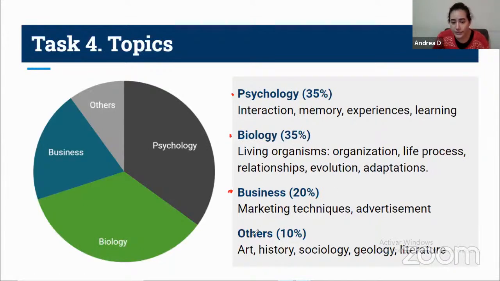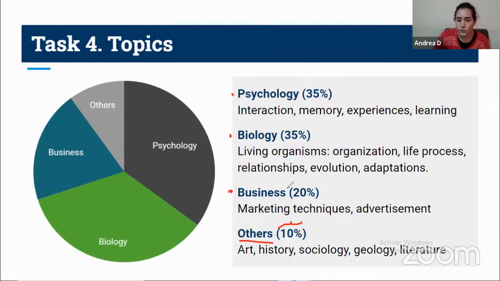Now, there are some cases in which you have other sorts of topics. So maybe you have art, history, sociology, geology, literature. There are some cases, but it's very unlikely that you have something different than the first three. Okay, so even when you practice with official TOEFL tests, you'll find that like 90% of the time you have psychology, biology, and business.